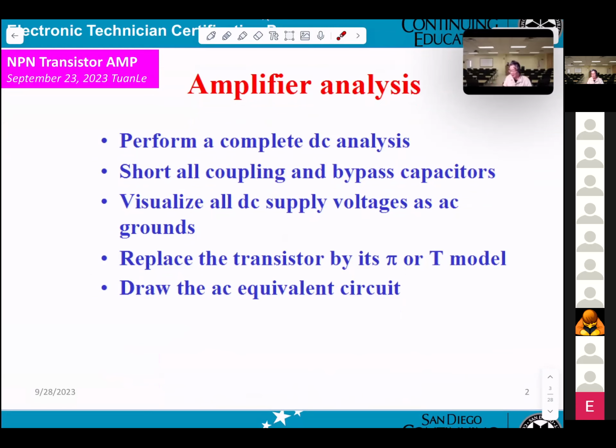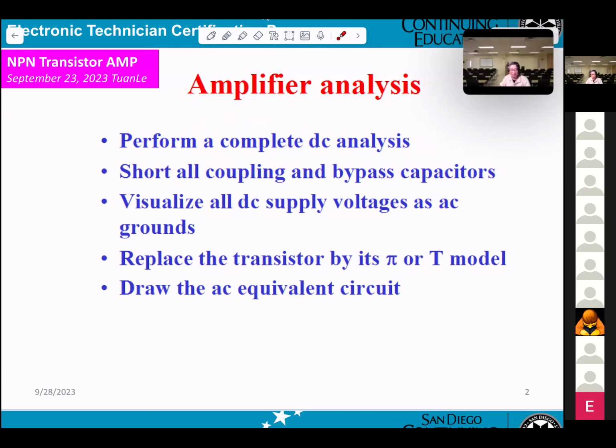Now we're talking about amplifier analysis. First thing, you have to perform complete DC analysis. Without the DC power supply, the transistor is not working, so that's why we have to do all the DC calculations. Then short the coupling and bypass capacitors.